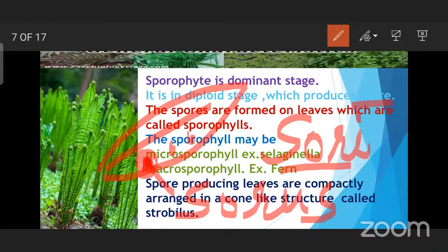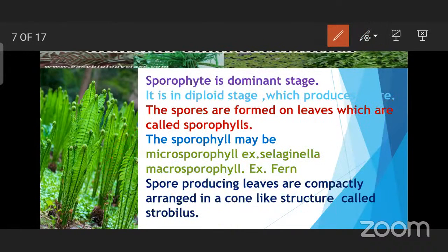So on the sporophyll you will see a number of sori, and in the sorus the meiotic division takes place and the spores are going to form, which are going to get released. Spore producing leaves are compactly arranged in a cone like structure called strobilus.